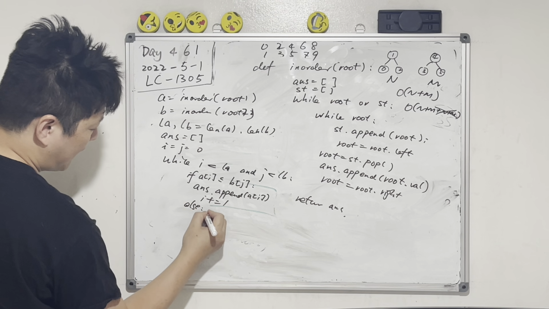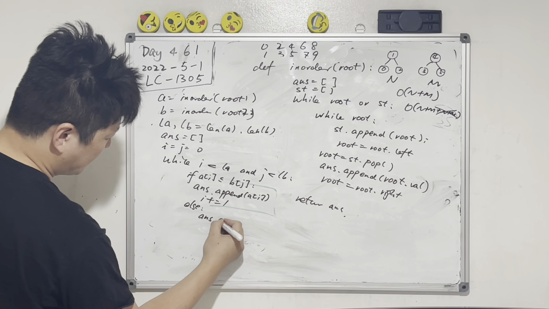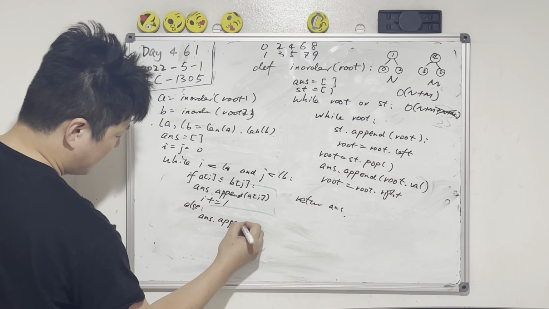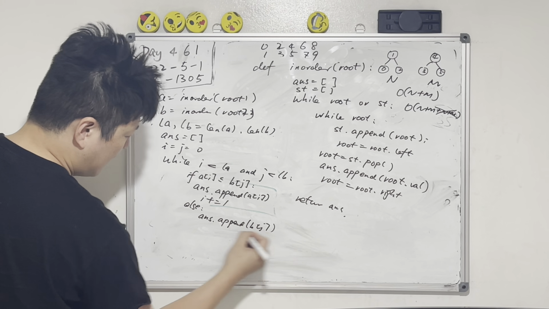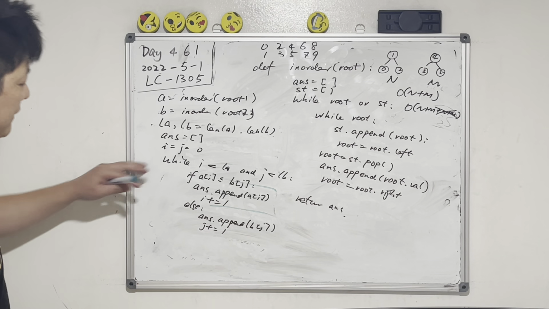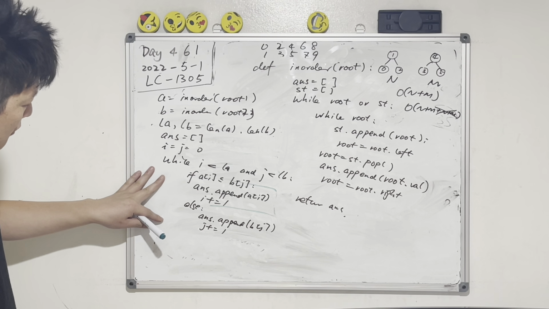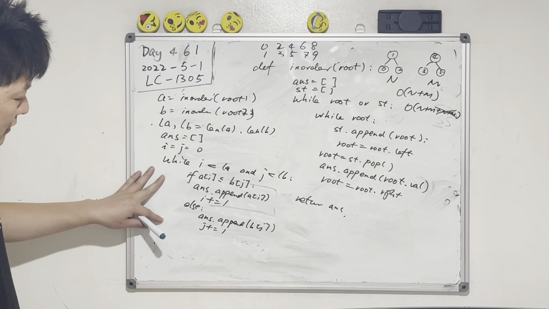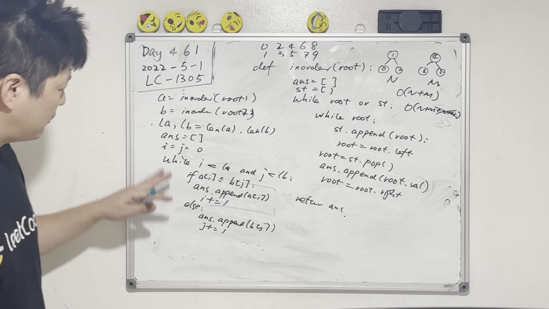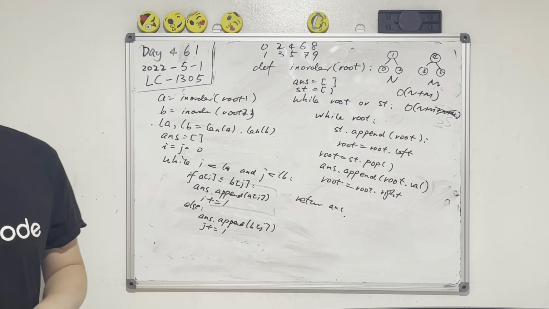Else we take the smaller one, which is B[j], and j plus equals 1. When we are outside the while loop, there might be remaining elements because the lengths of the two sorted arrays might not be the same, so we need to append the rest, right?